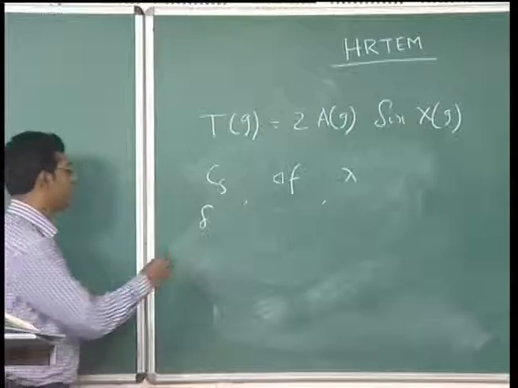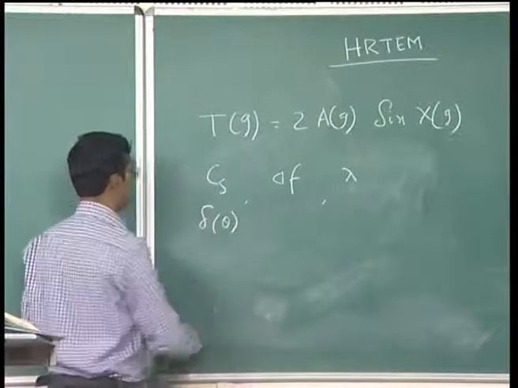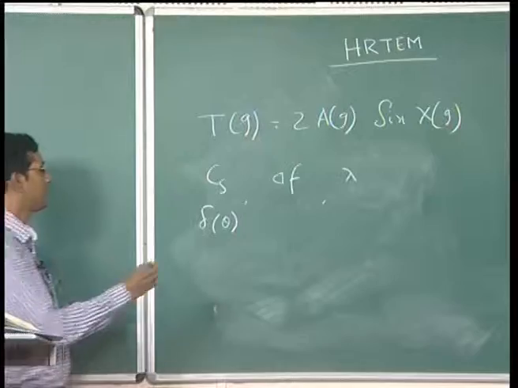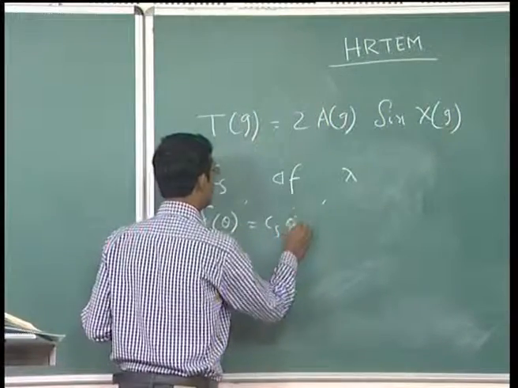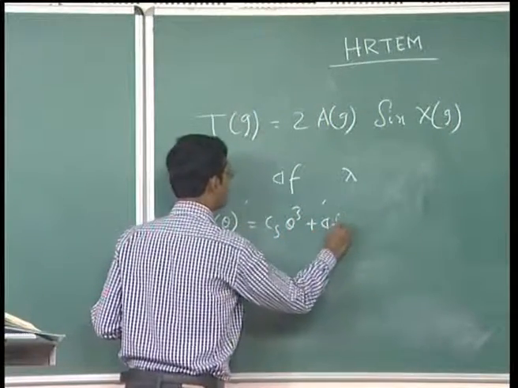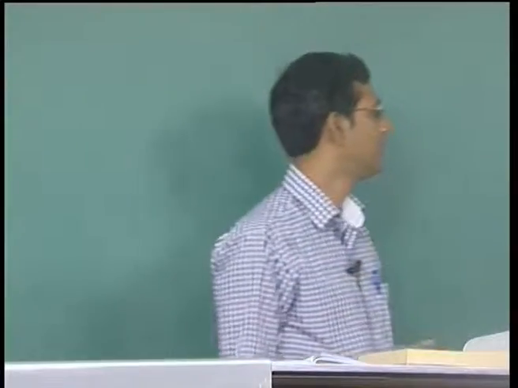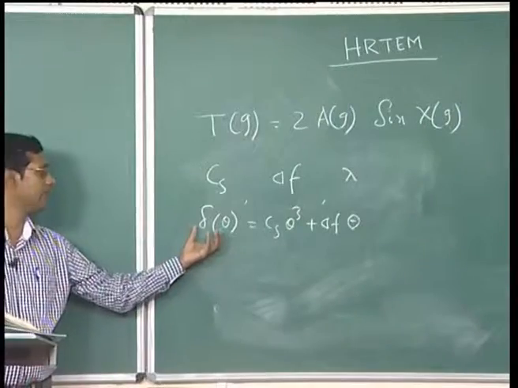So, we can say that the image formed on the image plane as a disk can be given by this radius, delta theta equal to Cs theta cubed plus delta f theta. This function tells us the disk which is formed.